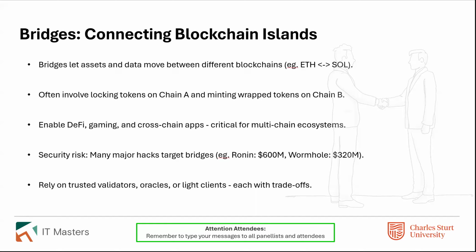A lot of security problems have started with this code because you're dealing with a lot of assets. You're dealing with a lot of tokens, and tokens hold value in this particular case. So there's a lot of trust put on the wormholes, the validators, the oracles, or even the light clients, that they have been programmed correctly and that the humans behind them have audited the code.